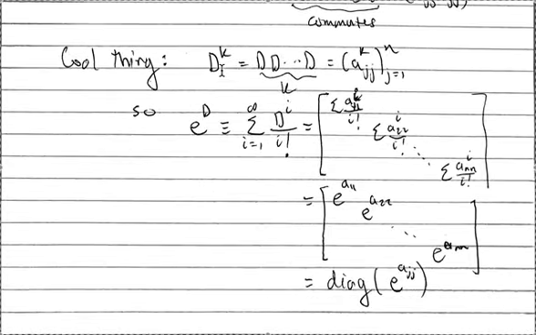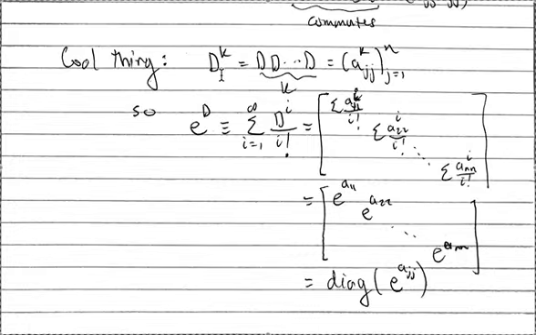Okay, so let's see what happens here. If we want to take a diagonal matrix and raise it to the kth power, remember all that means is just multiply it by itself k times. And of course for matrices, at least for the time being, we're thinking of k as being a natural number. So if k is 0 and you raise a matrix to the 0th power, what you get is the identity, for the same reason that when you raise any number to the 0th power, you get 1.